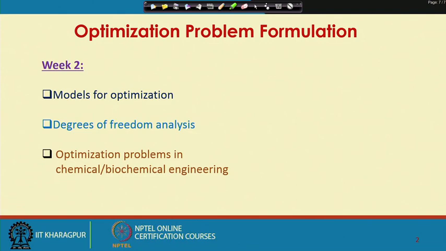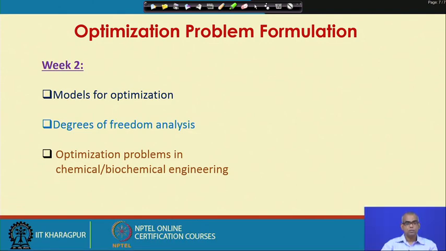So, this is the agenda of week 2. We will see process models for optimization first, degrees of freedom analysis, and then various optimization problem formulations in chemical and biochemical engineering.